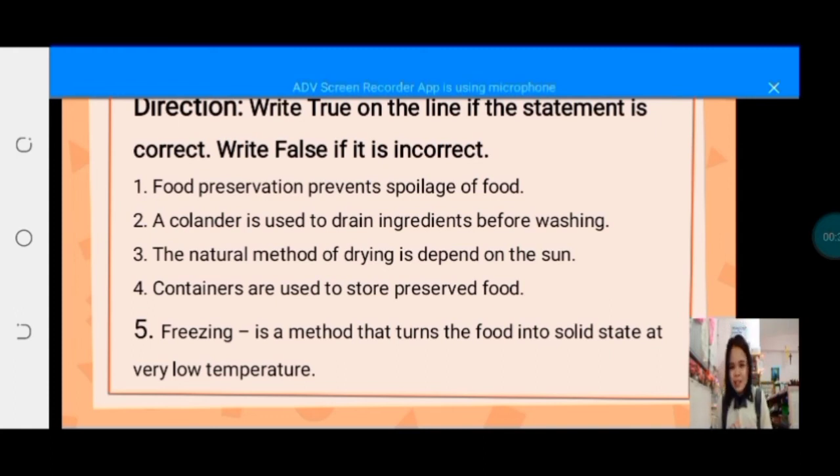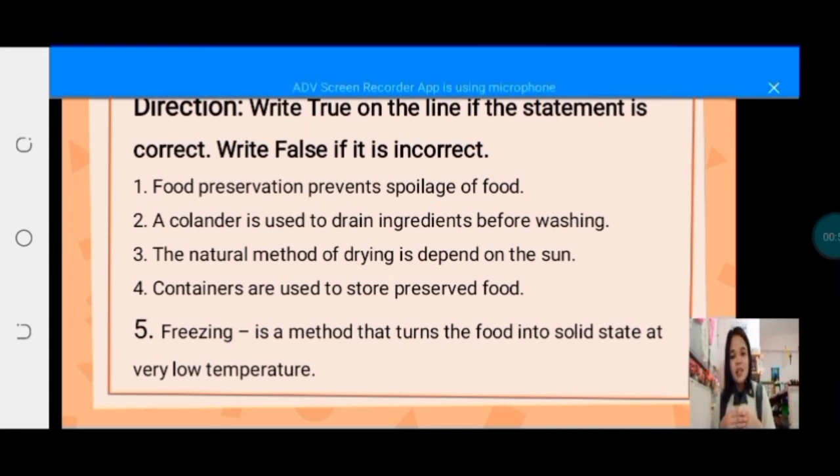Anyone, class? Okay, very good. There are natural and artificial drying. So, class, how can food preservation help financially? Okay, very good. Food preservation can help financially because it prevents food spoilage.